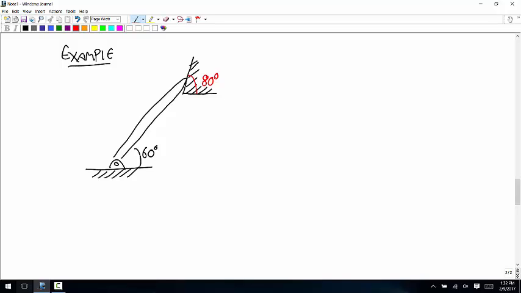The length of this beam is 0.5 meters. The mass of that beam is 100 kilograms.